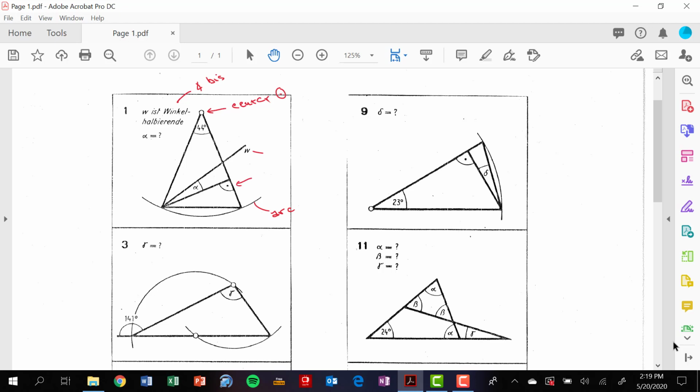Also, this little marking here is a right angle. So you'll see that all around the page. And then these guys are the variables that you are solving for. So in this particular case, this is alpha, there's delta, there's a beta. So there's a bunch of different variables that you need to solve for here.